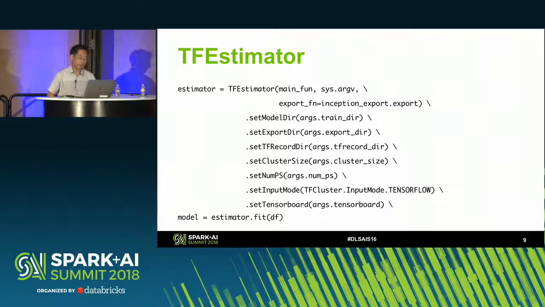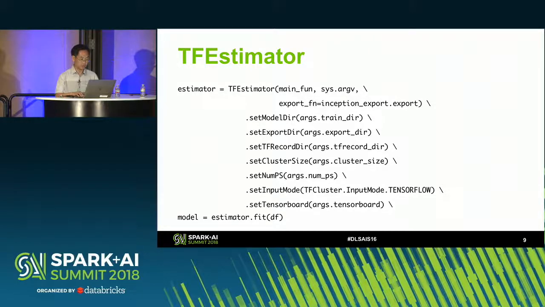And then you'll see that a lot of the args that we had before are now exposed as ML params. So you can do whatever ML param builder style you like. And last but not least, when you invoke estimator fit, that's when everything gets to go and start training.